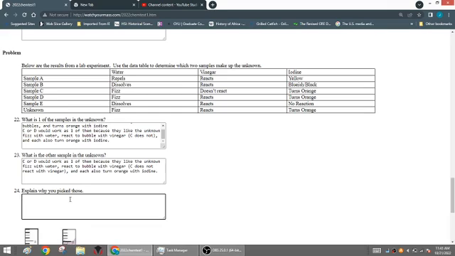So I would make the argument my unknown contains C because it turns orange with iodine and fizzes with water.